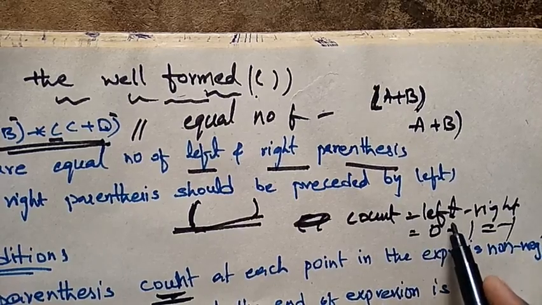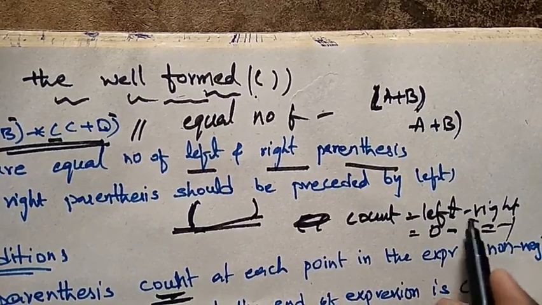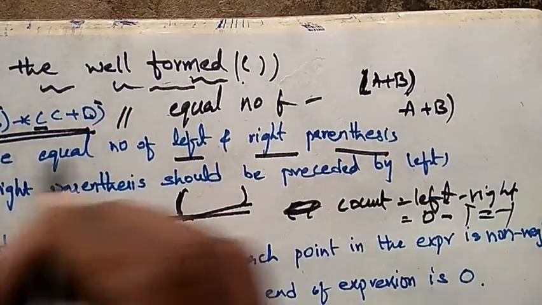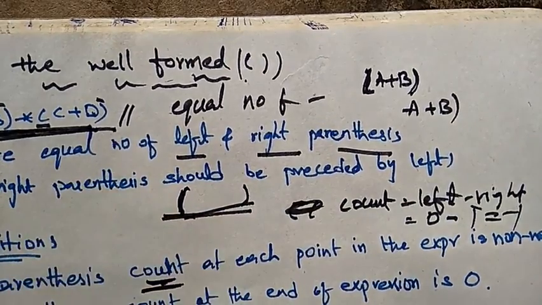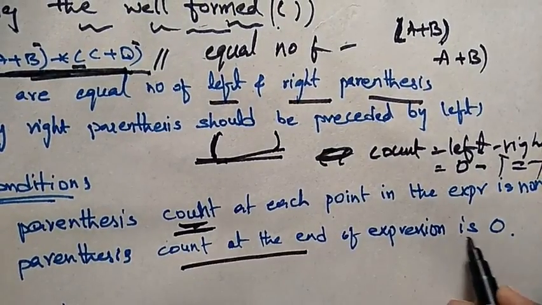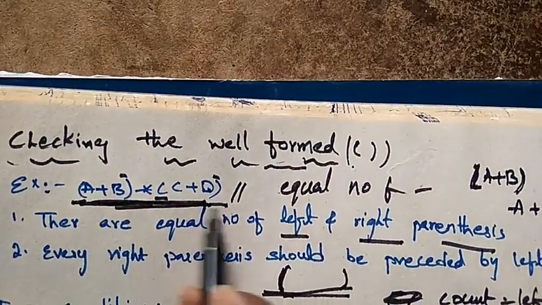The count is the number of left parentheses minus the number of right parentheses. The second condition is that at the end of the expression, after the complete scanning of your expression, your count should be 0. For example, take this successful expression.